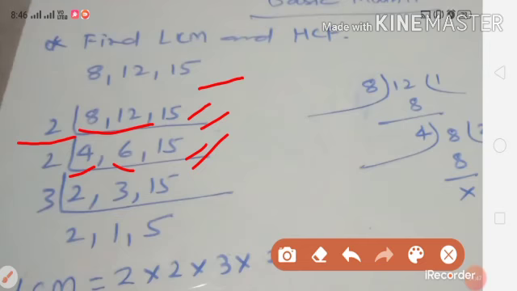We see that 4, 6, 15, here 4 and 6 are also divisible by 2, so we divide by 2: 2 twos are 4, 2 threes are 6, and 15 is not divisible, so 15 is written in the same form. And go ahead for the next.